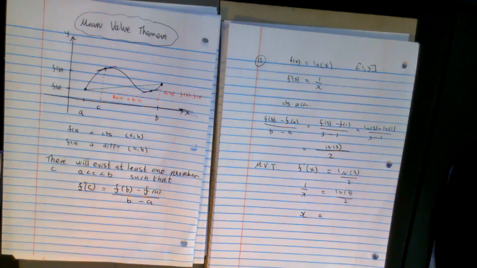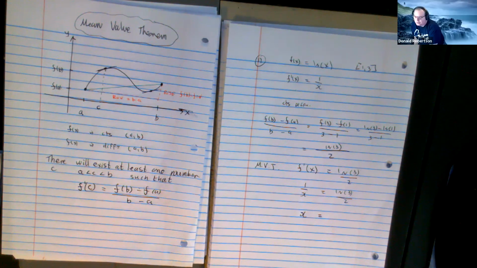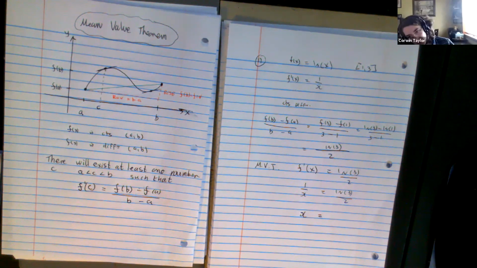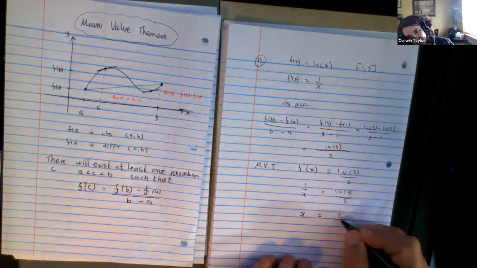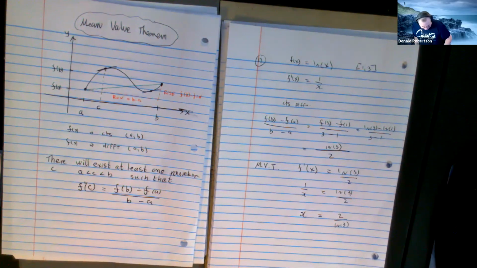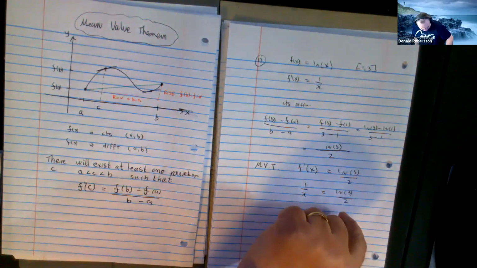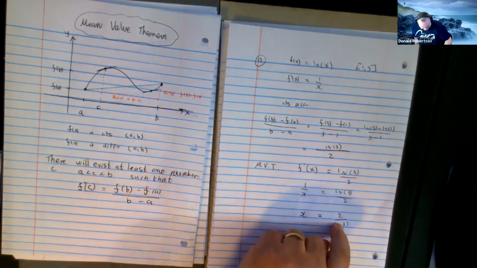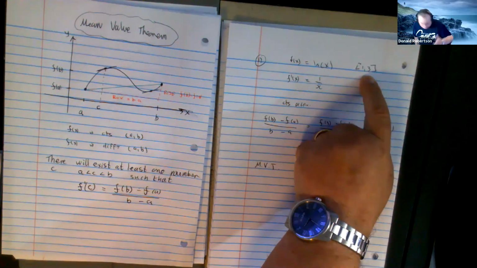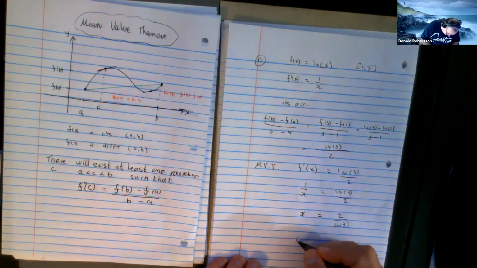Should be easy to figure out what x is without doing too much work. 2 over natural log 3. Yeah, just reciprocal, right? Turn it back upside down. You'll have to trust me, but 2 over log 3 is a decimal that is somewhere between 1 and 3. I guarantee it, right? So there's your answer.